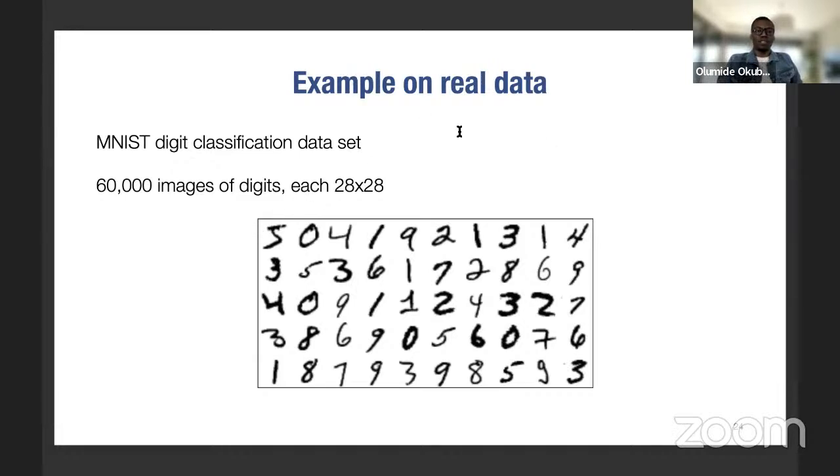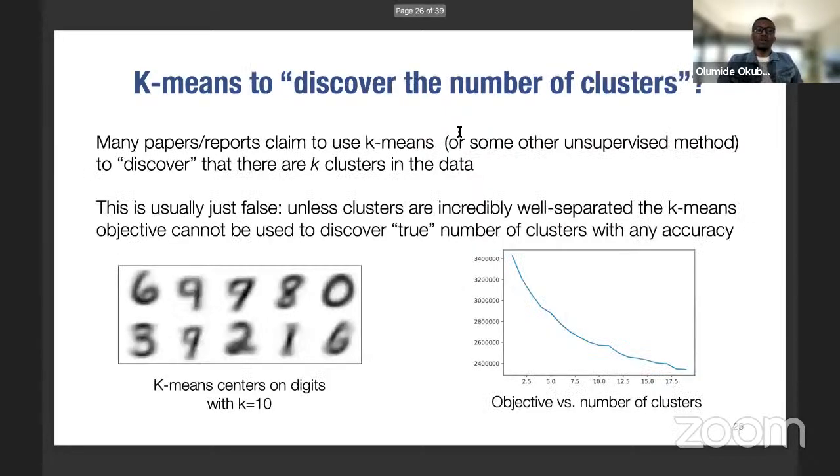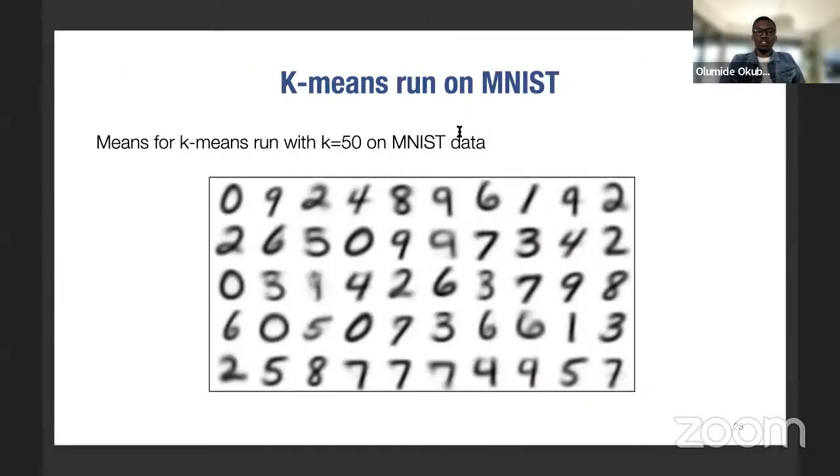Some of us have worked with MNIST, and you know. So if we run a clustering based on k-means with k equal to 50, which I'm trying to think of what this means right now, on 10 digits, right?